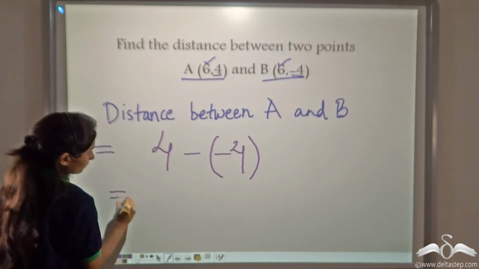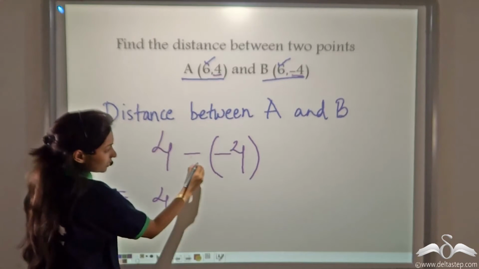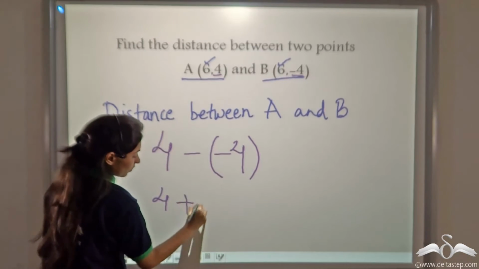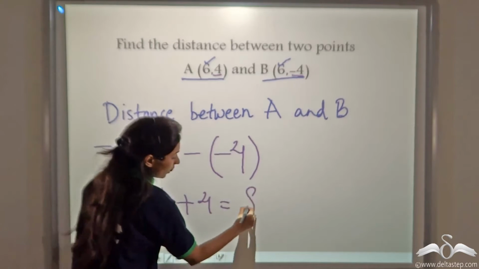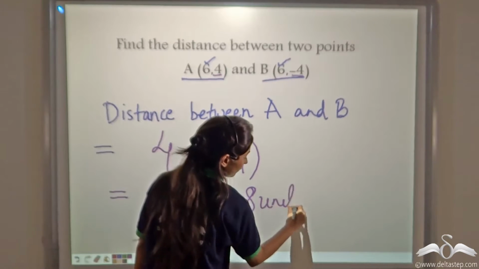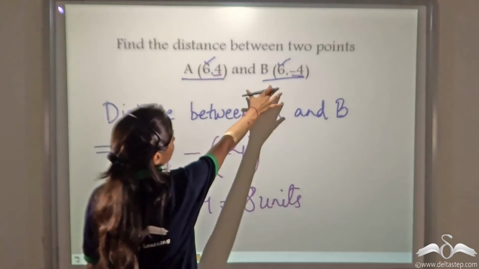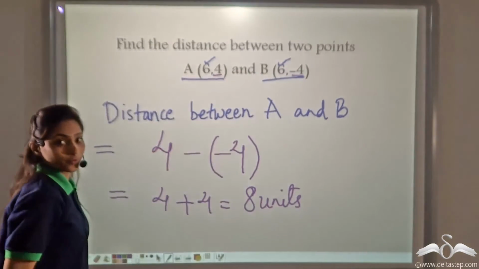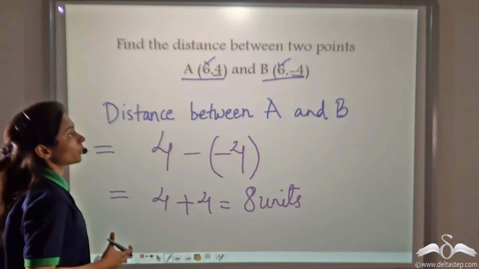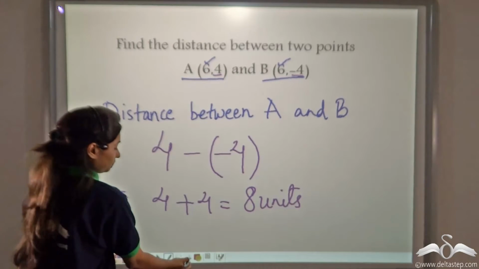Now solve this. 4 minus minus 4 will give you plus 4, which gives you 8 units. So even without looking at the graph paper, you could just find out the distance with the 2 points given. You don't need the graph paper to find out the distance.